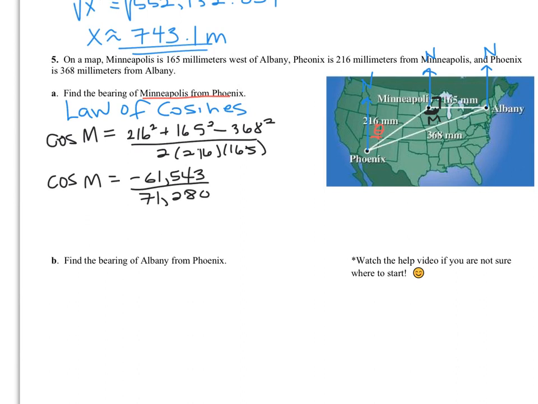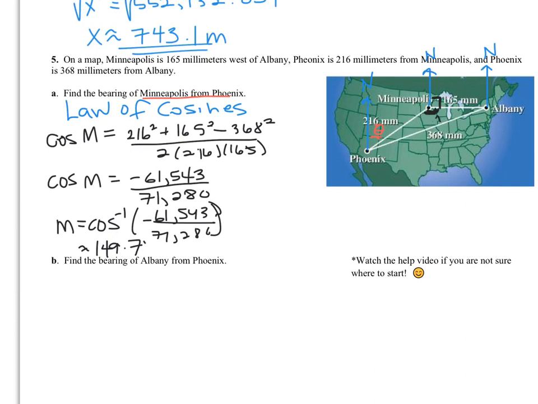Now to get angle M, we'll take the cosine inverse of negative 61,543 over 71,280. Rounded to the nearest tenth, angle M would equal approximately 149.7 degrees. That would be that angle on the inside.